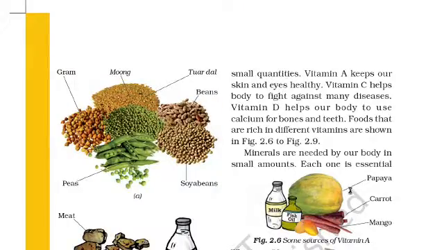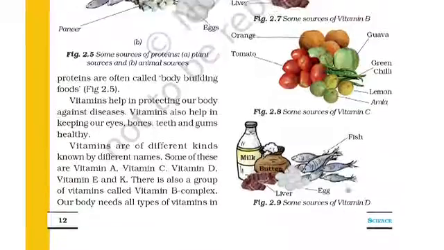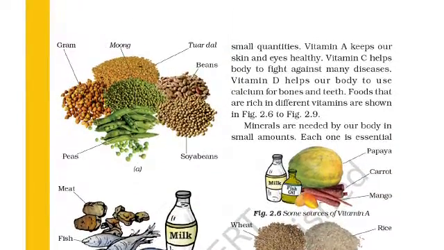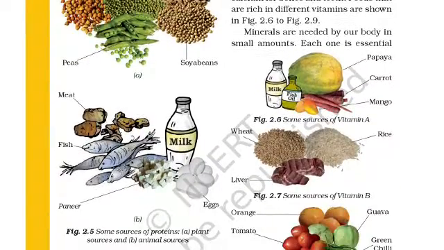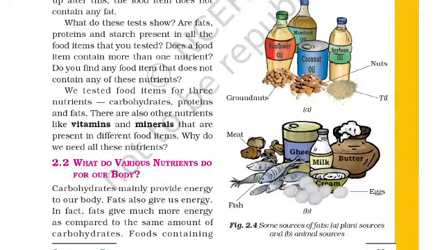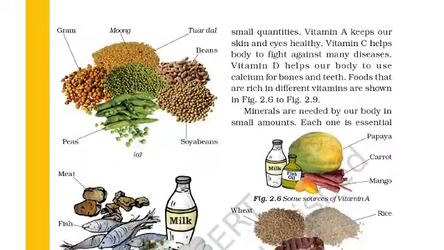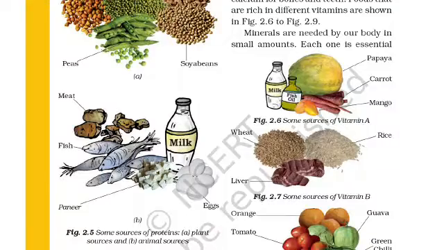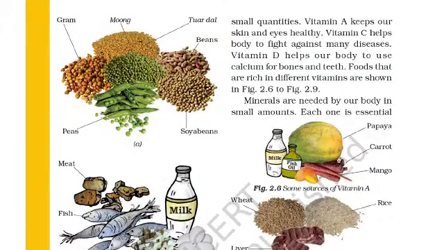Now, come to this side and you can see the sources of proteins, plant sources and animal sources. You can write: beans, soya beans, peas, gram, moong, tur dal.